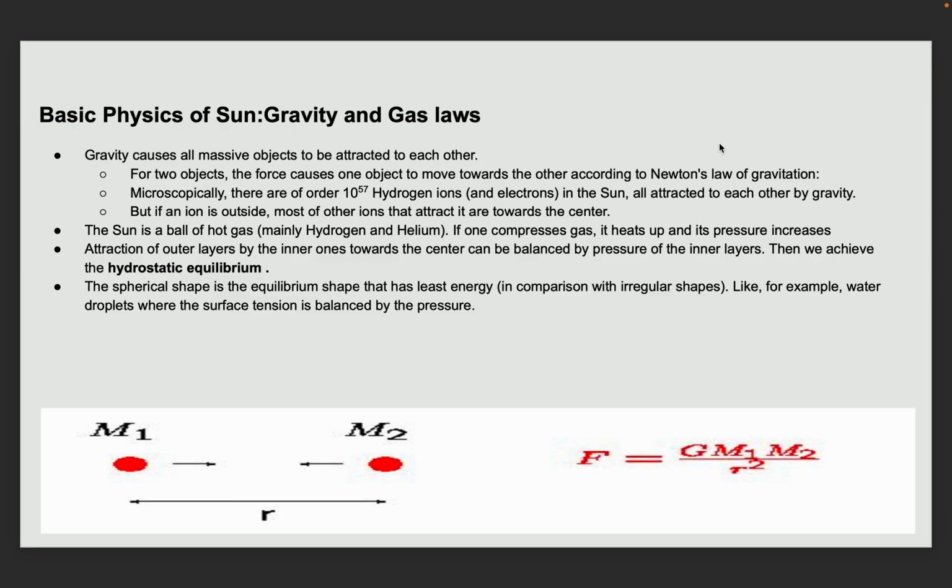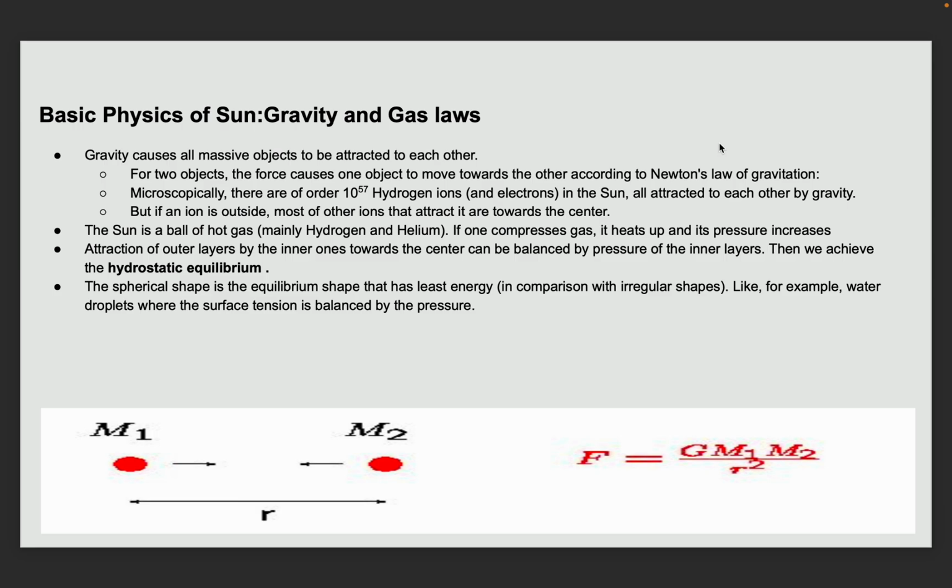If an ion is outside, most of the other ions that attract it are towards the center. The sun is a ball of hot gas, mainly hydrogen, with some helium also. If one compresses a gas, it heats up and its pressure increases.